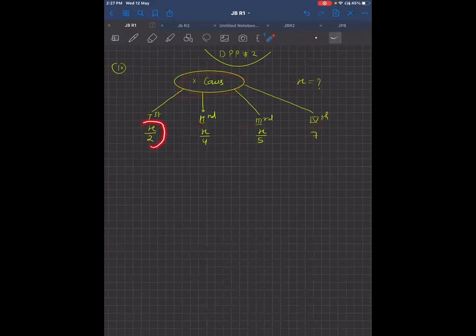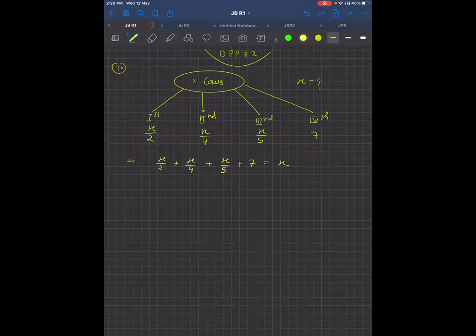So the total number of cows should be equal to x. So the sum of these should be equal to x: x by 2 plus x by 4 plus x by 5 plus 7 should be x.